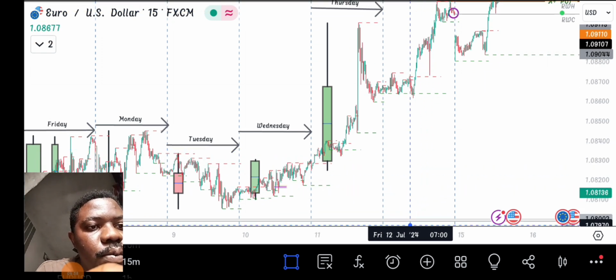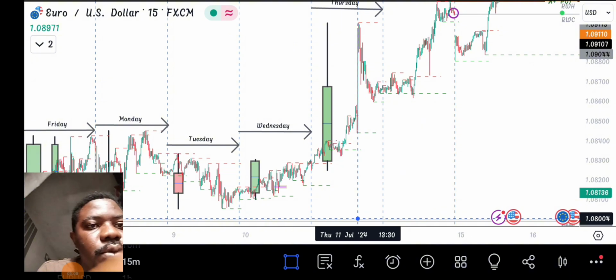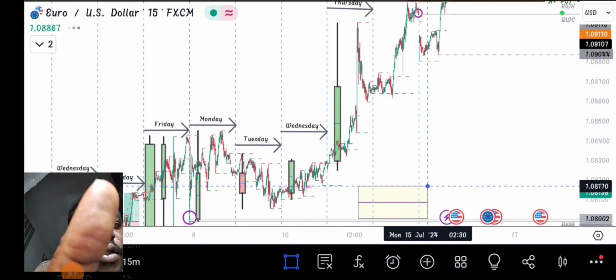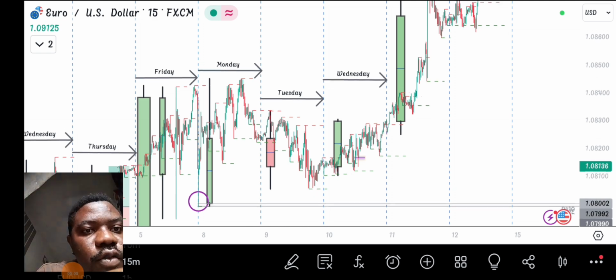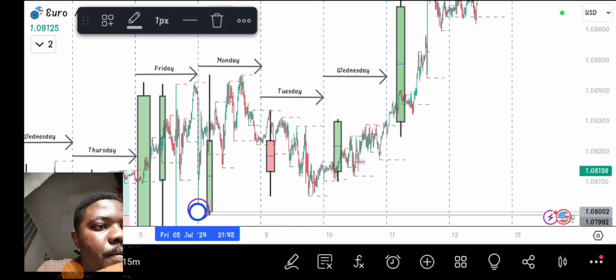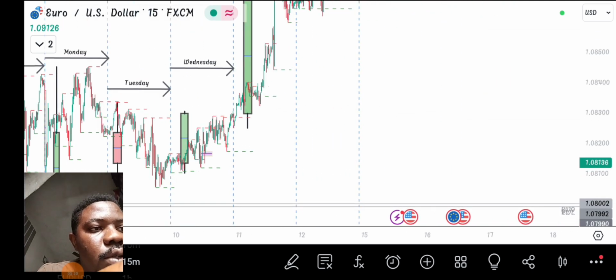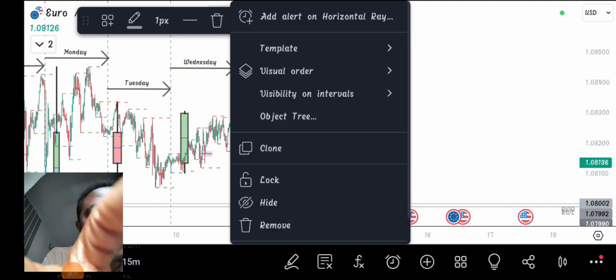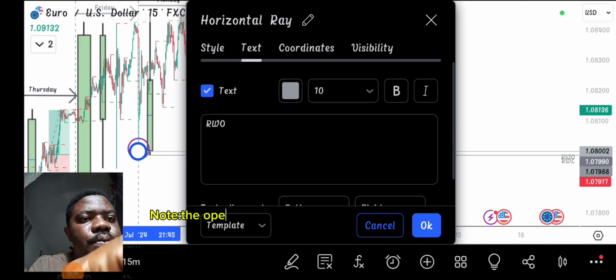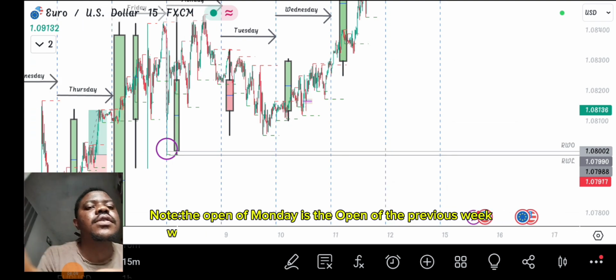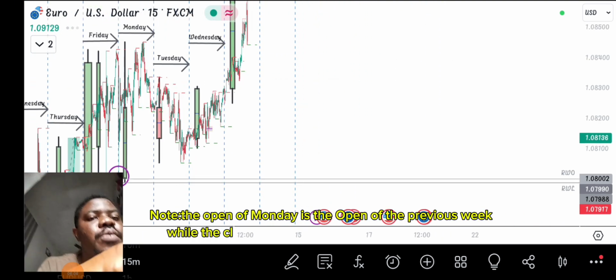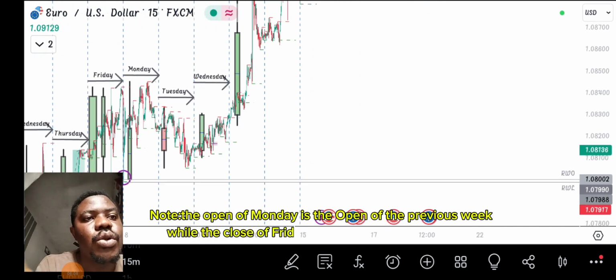If you look below here, this is where we got the open of Monday. This is the line here. So let me adjust it to the upside. Let me put it to the top. Okay, that's it. So you see our recent weekly open and our recent weekly low.